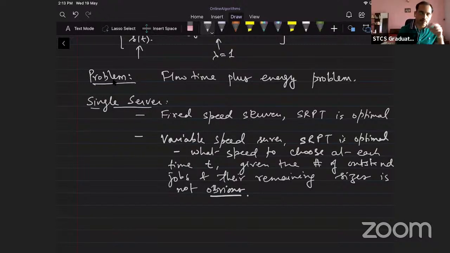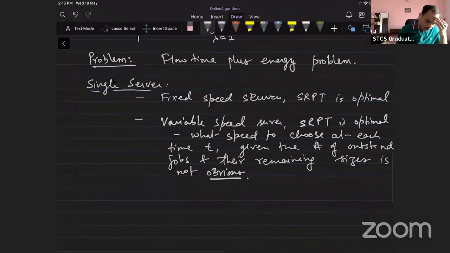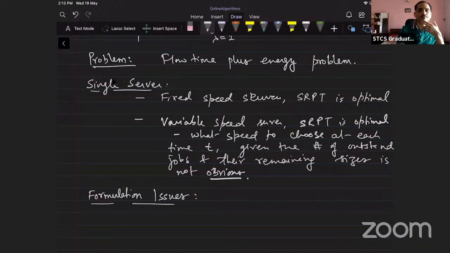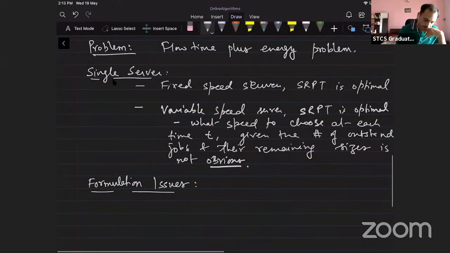All right. So before that, some formulation issues. The cost of an online algorithm A is going to be flow time plus energy.